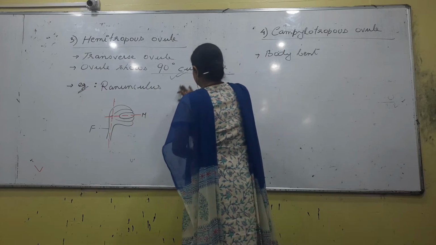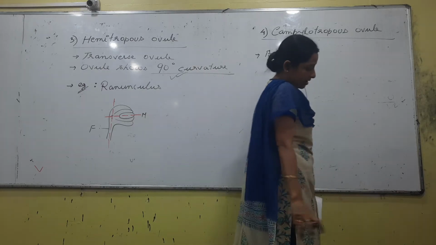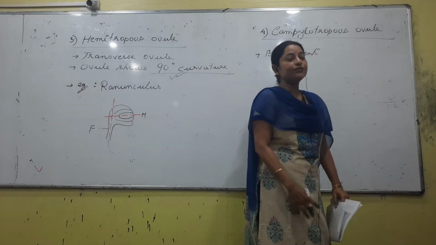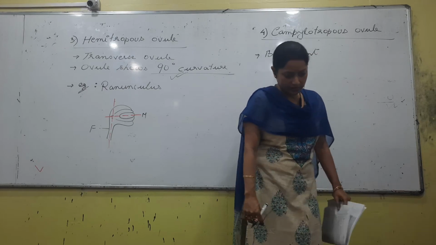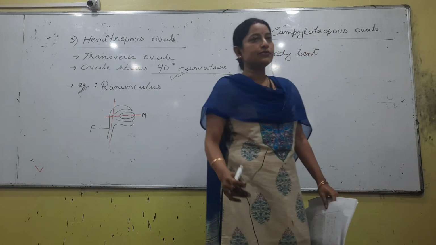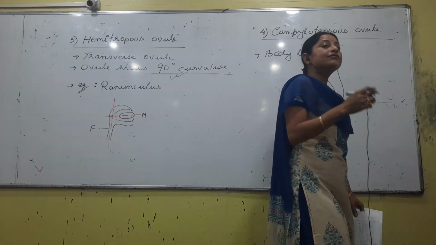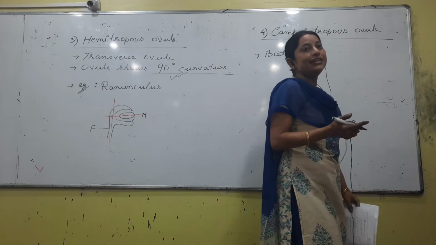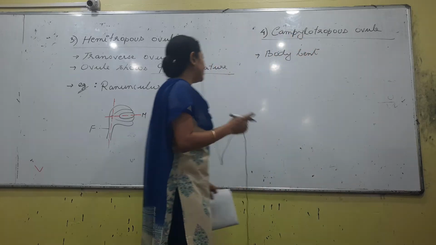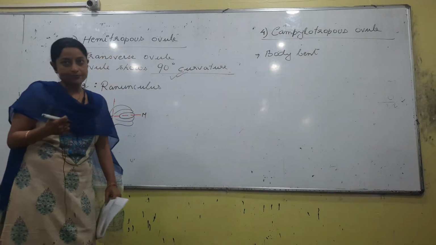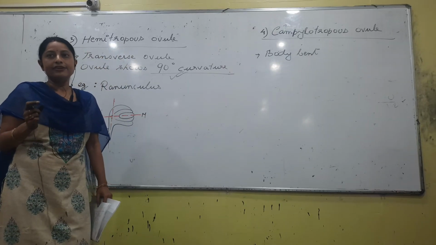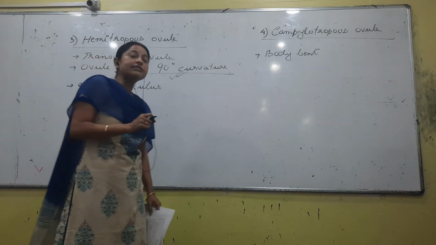Heterophily is a word that we have to remember in the case of Ranunculus. A plant having two different types of leaves is called heterophily. Phily means leaves, right? So whenever you read about Ranunculus, first, it is a water plant, a hydrophyte; second, it shows heterophily. What is heterophily?